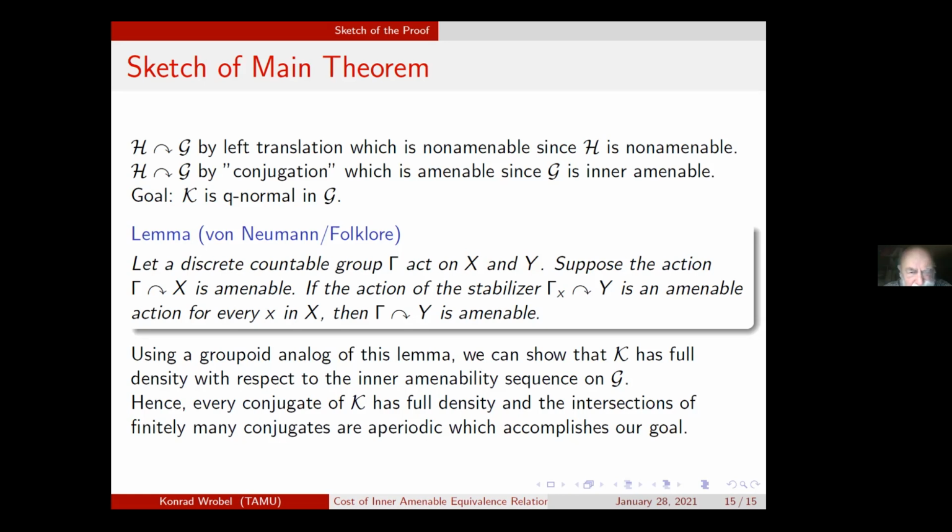Can you give the simplest example of a non-amenable or even non-inner-amenable group which has cost equal to 1? Right. I think SL3Z. A concrete group.